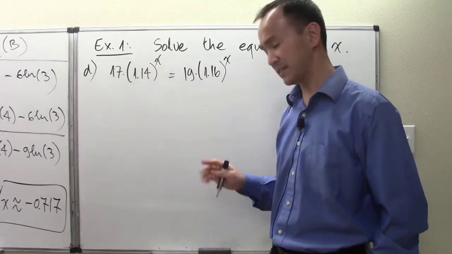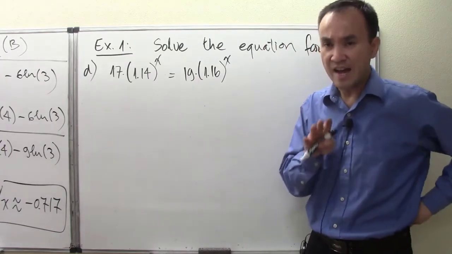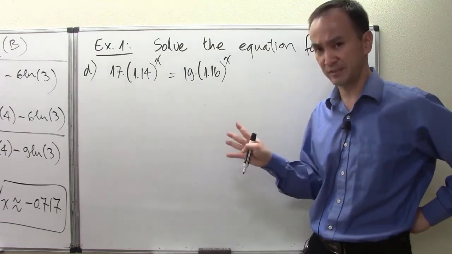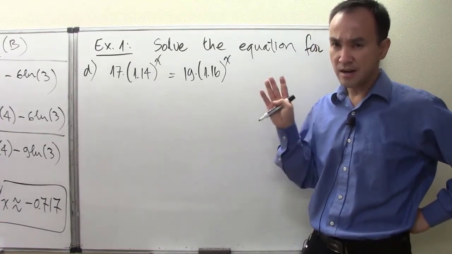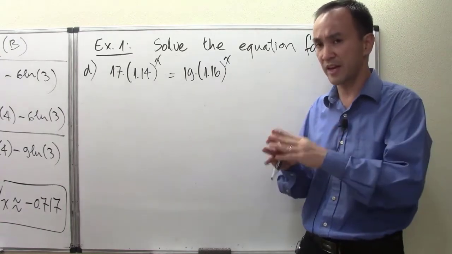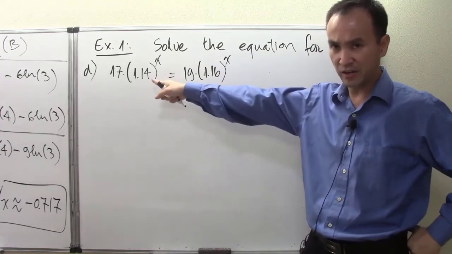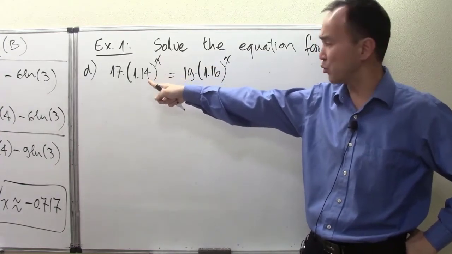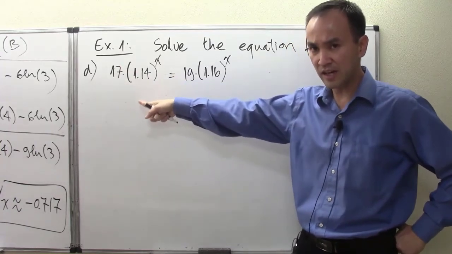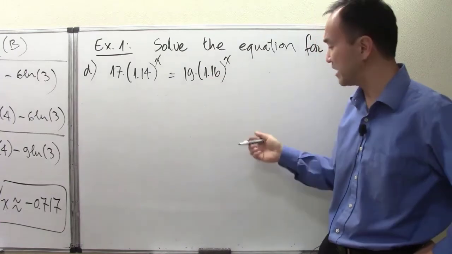As I said, anytime our exponential equation has some constant terms involved, then we need a different kind of technique, a different kind of method. Not necessarily using logarithm, but here we use logarithm and directly apply it on both sides. We handle perfectly these equations where it's one exponential term on one side equal to one exponential term on the other side. We do want to bring that into that form.